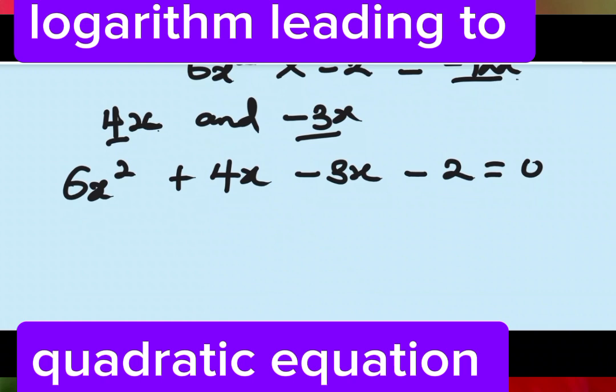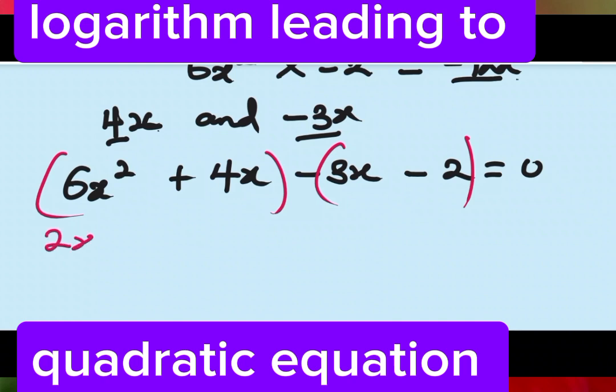So now we have 4 terms. What are we going to do? We group them into 2. When we group them into 2, what is common here? The common factor here is 2x.